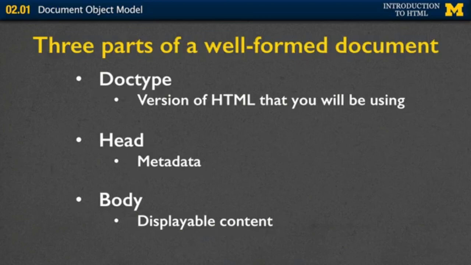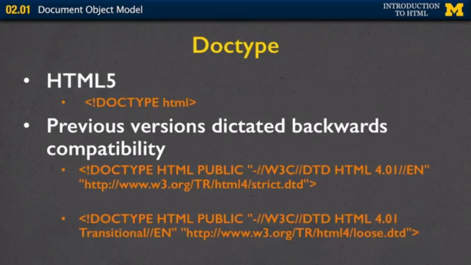The doc type, which is the version of HTML that you're going to be using. The head, which is all of the metadata, or extra information. And the body. The body is the displayable content, the thing that most people are going to get back when they do the request response cycle. So let's talk doc type. You are so lucky.